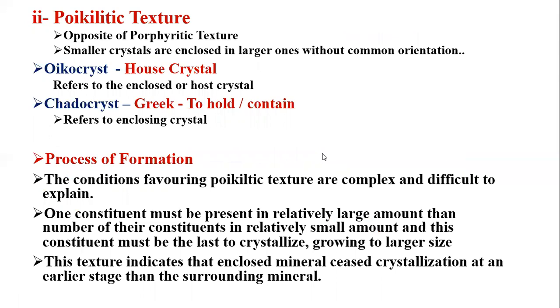Poikilitic texture. Poikilitic texture is the opposite of porphyritic texture. In this texture, smaller crystals are enclosed in larger crystals without common orientation. In porphyritic texture, we have discussed that larger crystals are embedded in the smaller crystals, while in poikilitic texture, smaller crystals are enclosed in the larger ones.